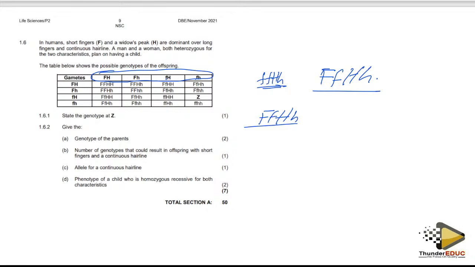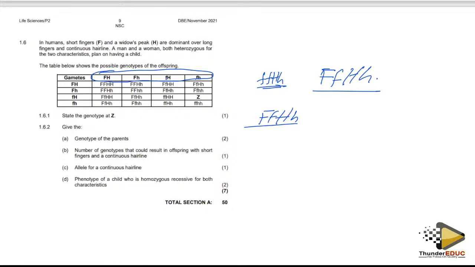Then they're saying that the allele for continuous hairline, remember, is caused by a recessive allele. They're not saying alleles, they're saying allele. They're not saying genotype. Remember, it's caused by a recessive allele.